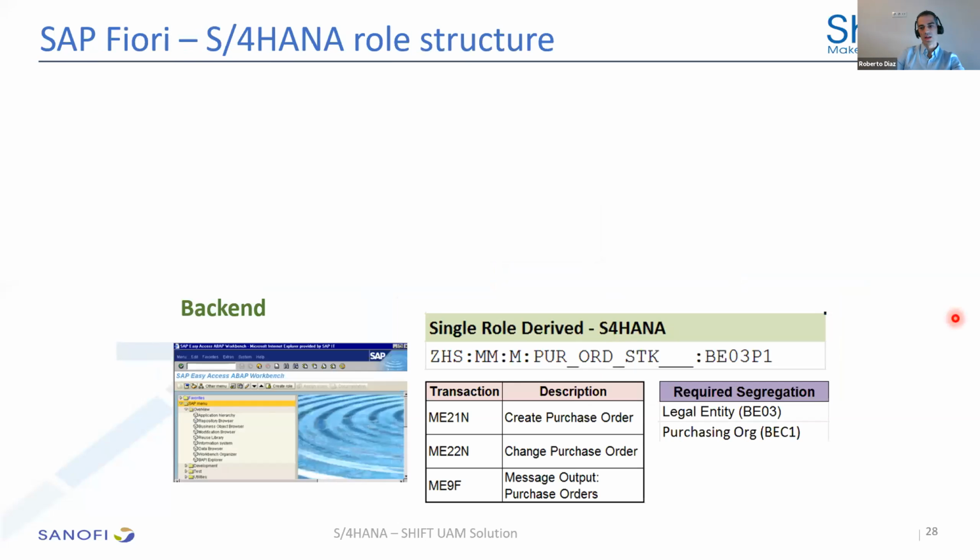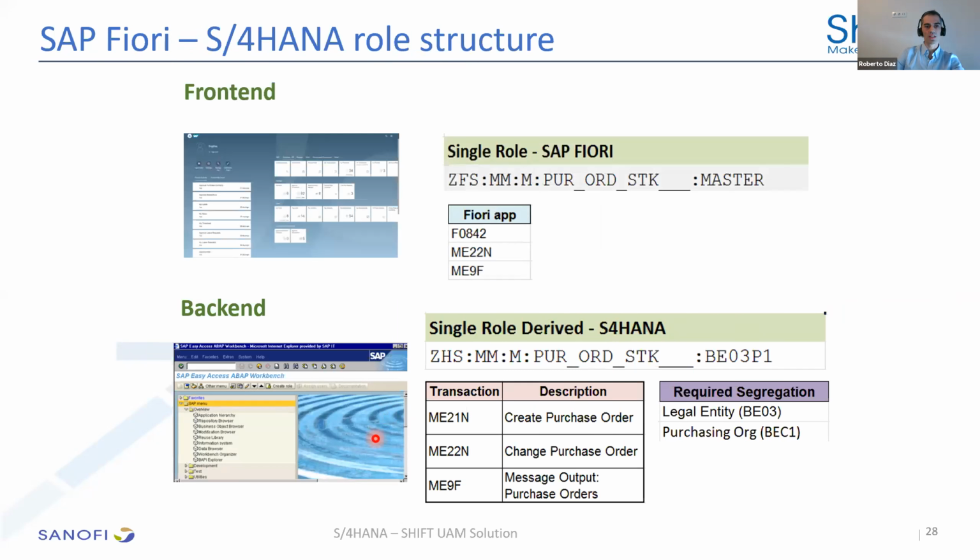So in a regular ECC system, we would have single roles with the transactions, and we used to access through the SAP client. Now with S/4HANA and Fiori, the users access through the browser, and they are using Fiori apps and tiles instead of transactions.